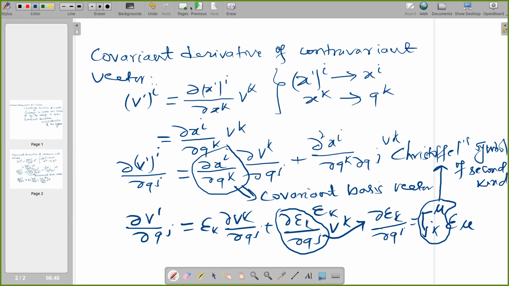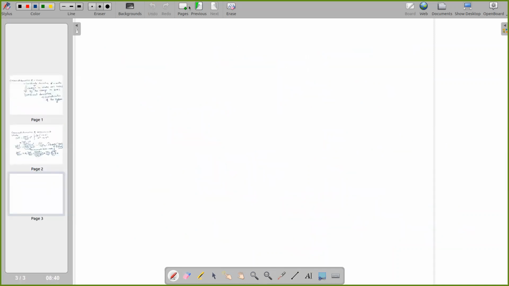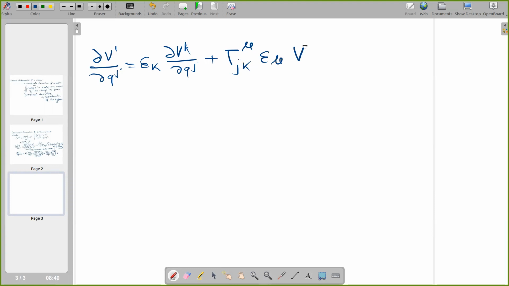Now we can write this vector equation once again. Here we have introduced the Christoffel symbols and covariant basis vectors. Now we can change the dummy indices to any other indices.